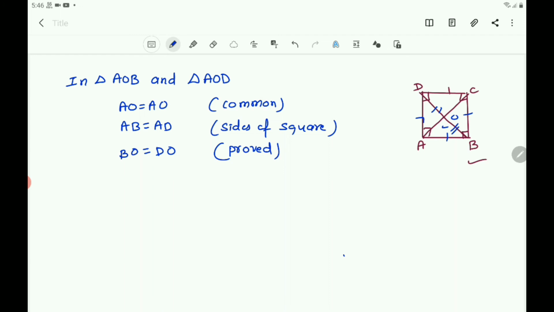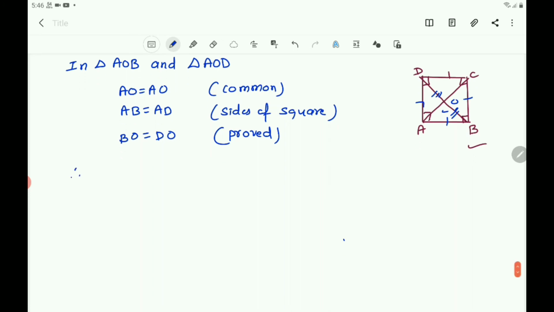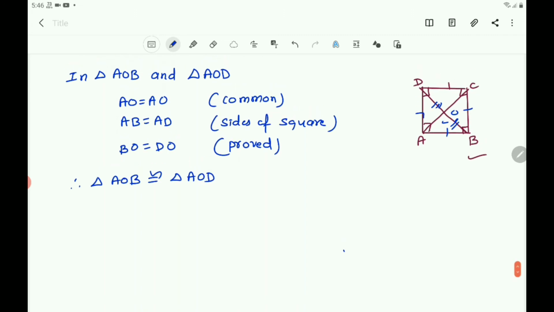So BO equals DO, proved. Now you can write, therefore triangle AOB is congruent to triangle AOD. Which congruence rule? You know that all our sides are equal, means SSS congruence rule.